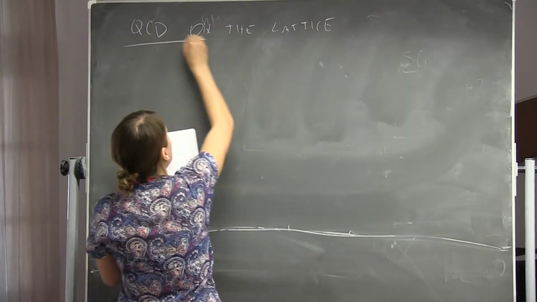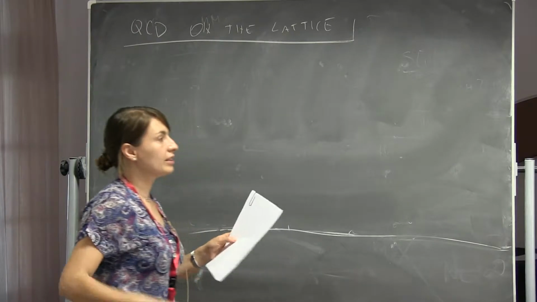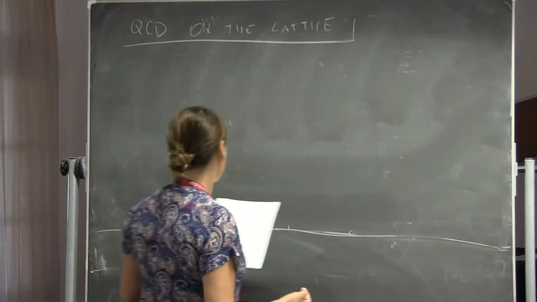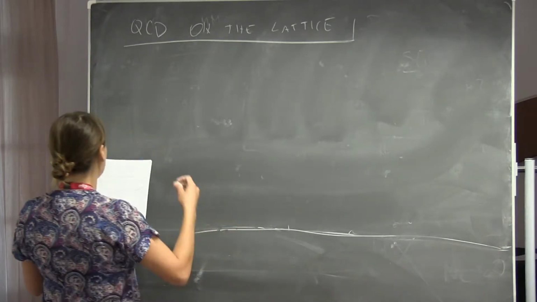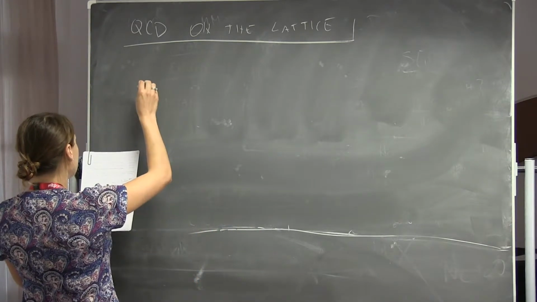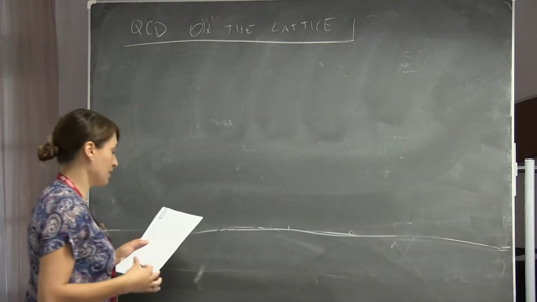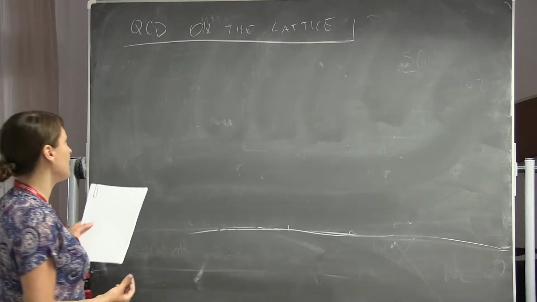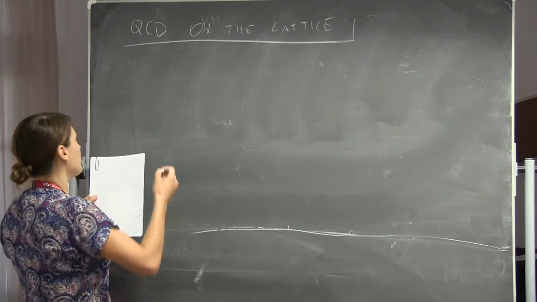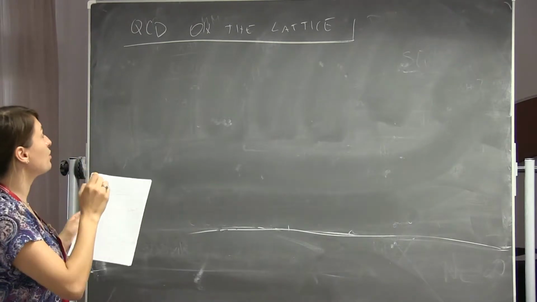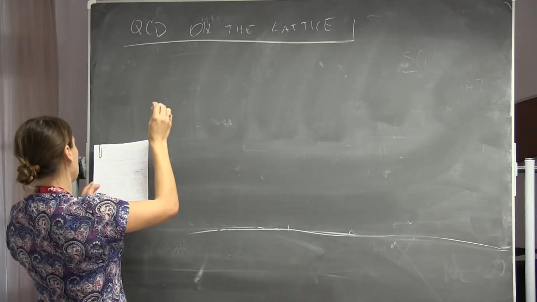So now that we've learned in much detail how to discretize scalar field theories and how to simulate them, we can move on and discuss how to discretize fermion fields and gauge fields, and how to represent them on the lattice.